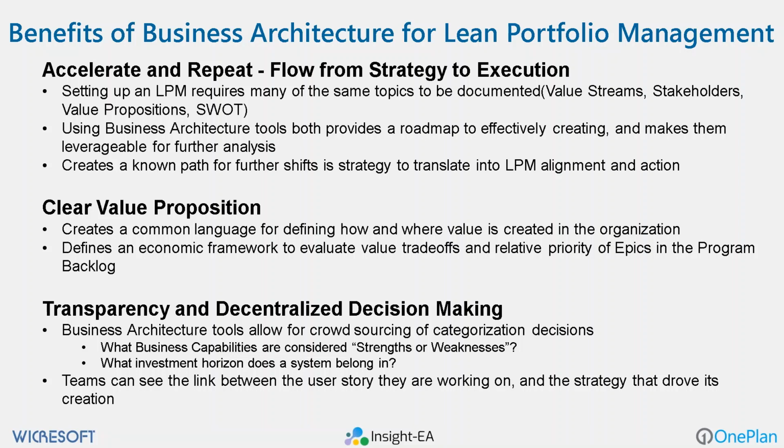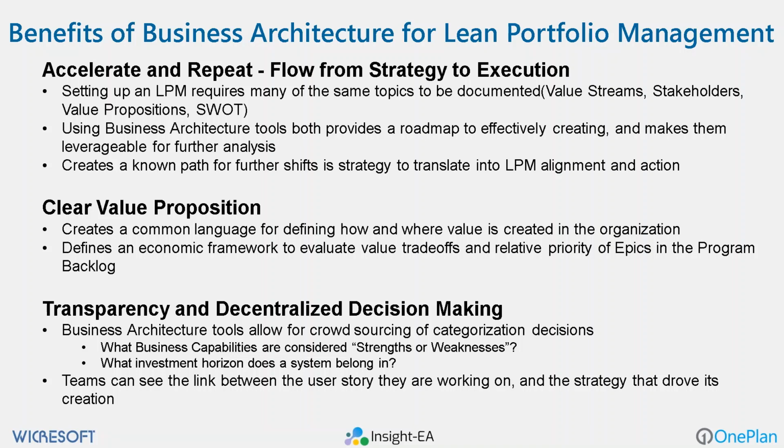So, for example, in creating your lean portfolio management and setting it up, Vernon showed the business outcome-driven enterprise architecture. That model creates a flow from strategy into lean portfolio management if you follow it. And so using that is a way of building quality into your lean portfolio management.